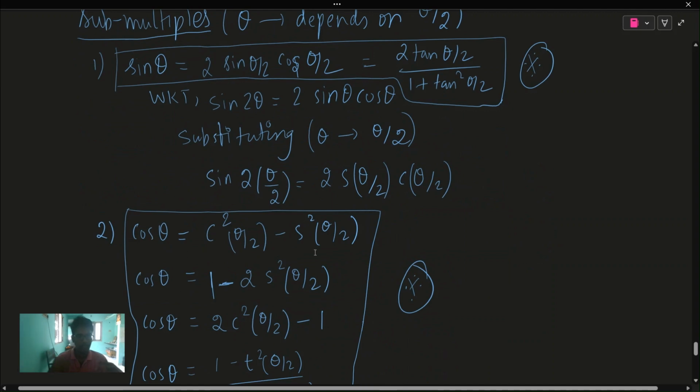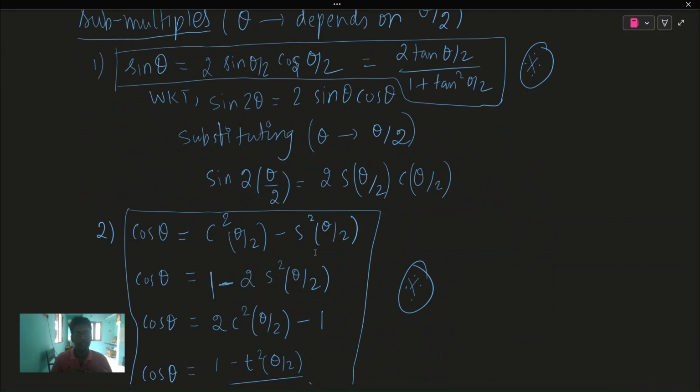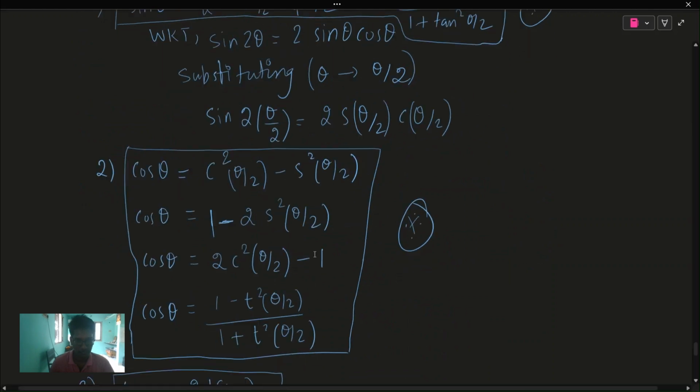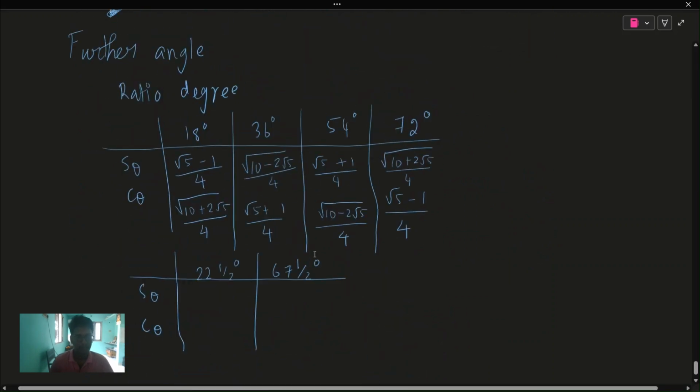And I develop and solve this equation and I would end up getting the sin theta by 2 value. And then we all know that sine of 90 degree minus theta is equal to cos theta. So you would be getting the reverse. If I got sine 22 and a half, I would get cos 67 and a half. And same way, if I get sine 67 and a half, I would get cos 22 and a half. So in that way, I'm developing this table.